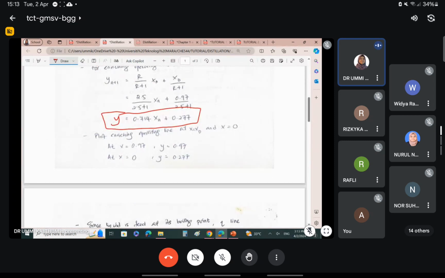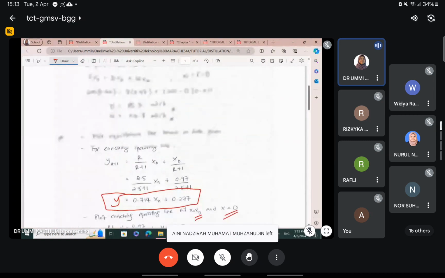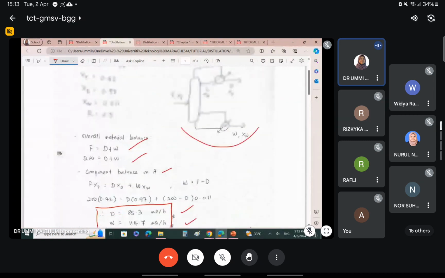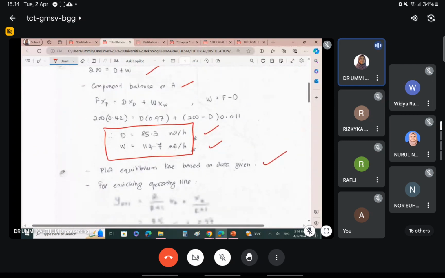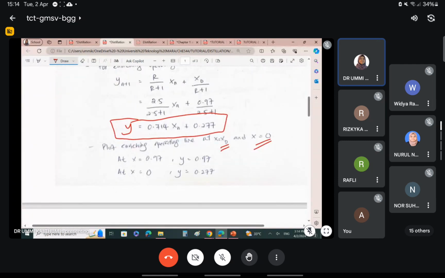So plot the enriching operating line at x equal to xD and x equal to 0. Our xD is 0.97, so when x is 0.97, you get y also 0.97 using this equation. When x equals 0, y equals 0.277.